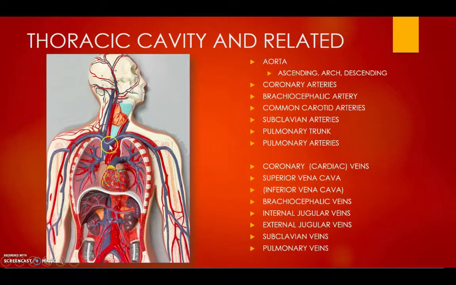So these are the brachiocephalic vessels, brachio and cephalic, right? Arm and head. So the jugulars come down the neck and the subclavians come in from the arms. So as we look over here, we have our right subclavian and over here our left subclavian veins that bring blood back toward the heart. And then here's jugulars.